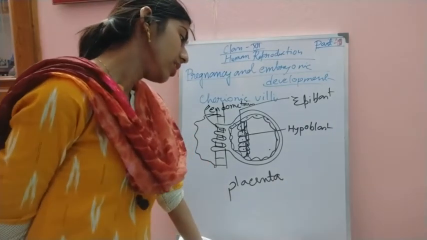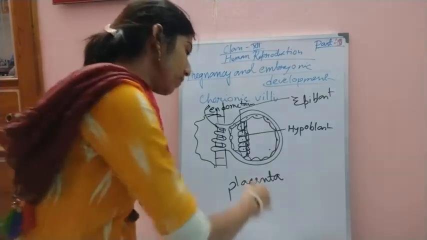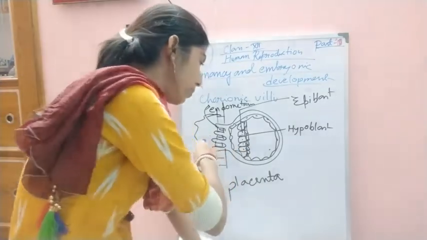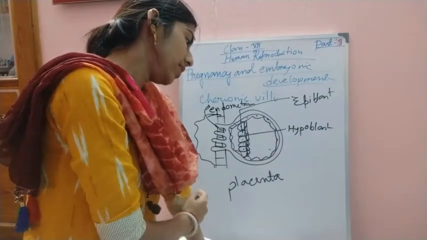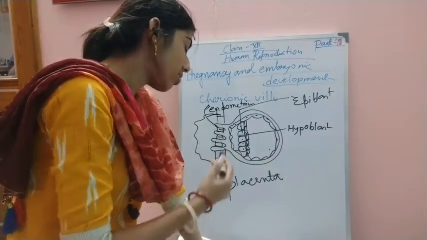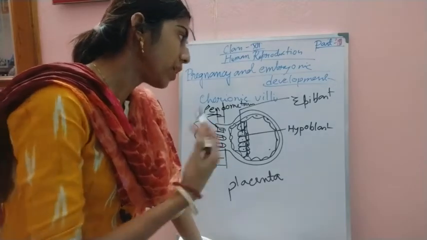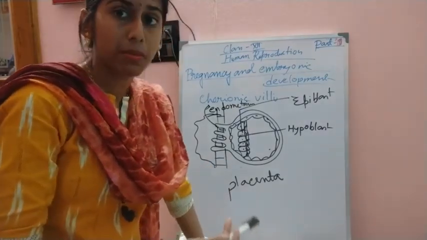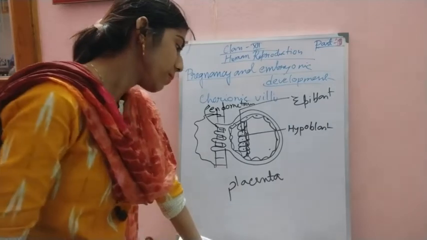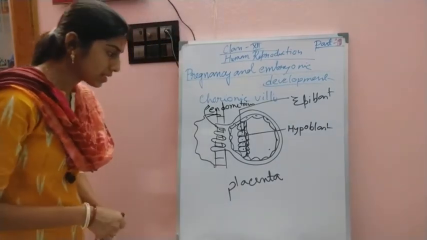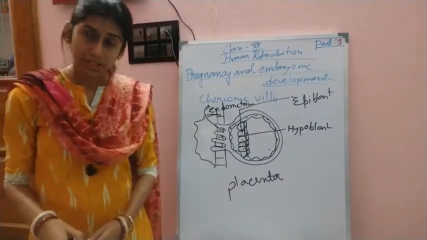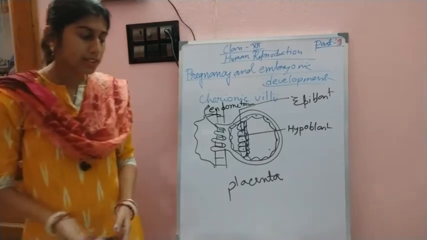The chorionic villi and uterine tissue will be integrated, and they will be joined by a structure. The joint between the developing embryo or fetus and the mother is called the placenta, and with the help of the placenta, exchange of some materials will take place. What type of exchange will take place?